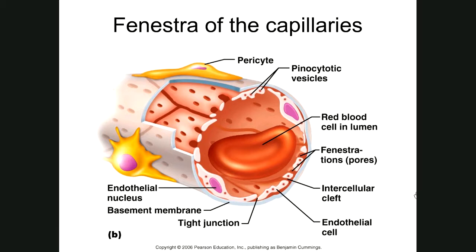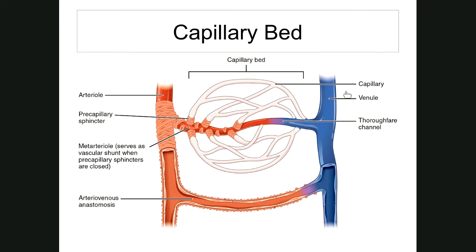Venule. A venule, V-E-N-U-O-L-E, is from capillaries to small veins. So over here, we see a venule right here on the right-hand side. From the capillary bed, that venule is going to build into larger veins. And so we have veins as your next word, V-E-I-N-S, carry blood toward the heart, contain valves to keep blood flowing toward the heart.